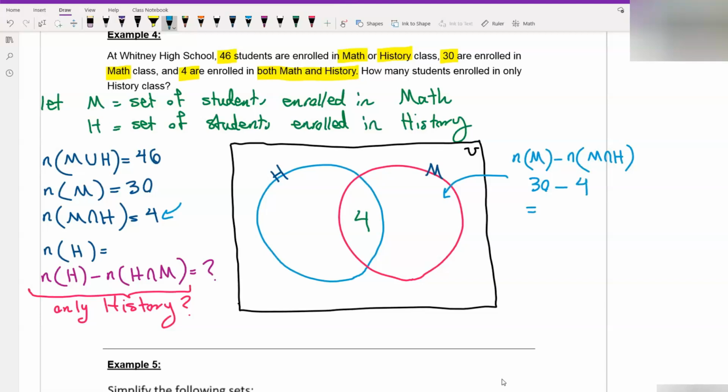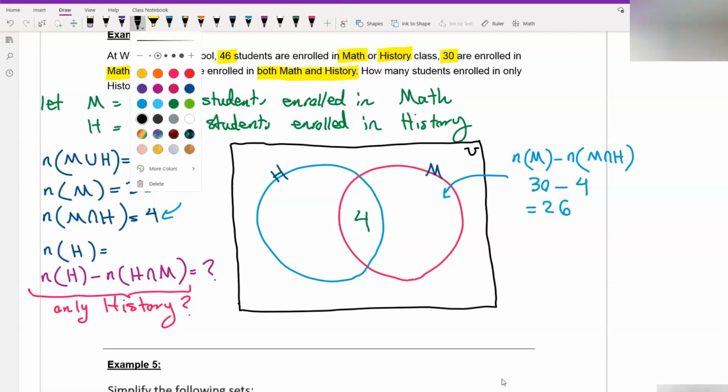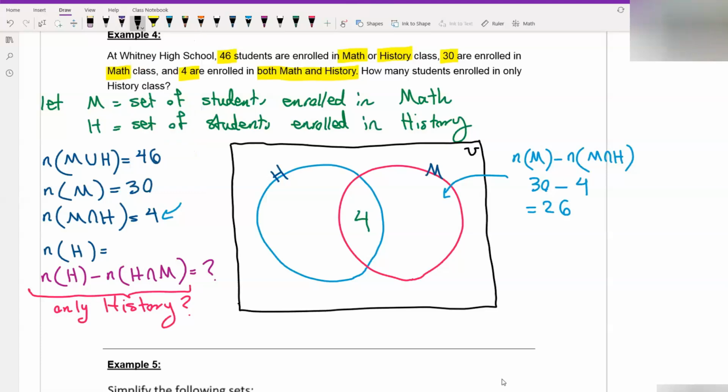So that is equal to 26. So in this part, we have 26. This is only M, it is 26.